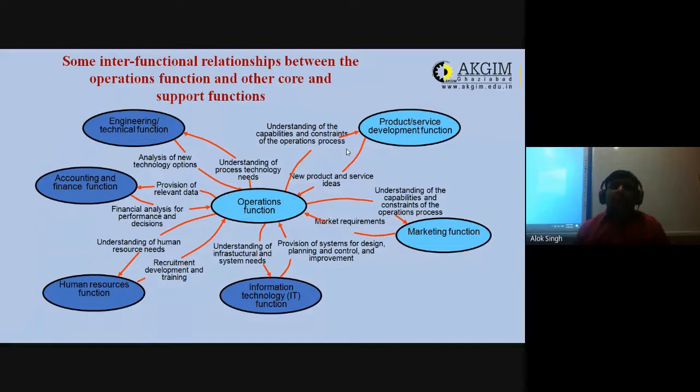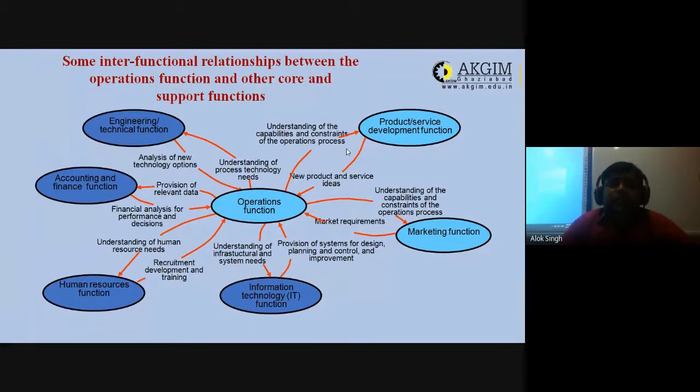Means what are the capabilities, what are the constraints of operations process, is the appropriate skill set available in your operations functions. What are the numbers of skilled workers required, what are the numbers of unskilled workers required, what are the numbers of semi-skilled workers required, are they capable enough to develop my idea that I have tested, or that I have checked based on various feasibility background.